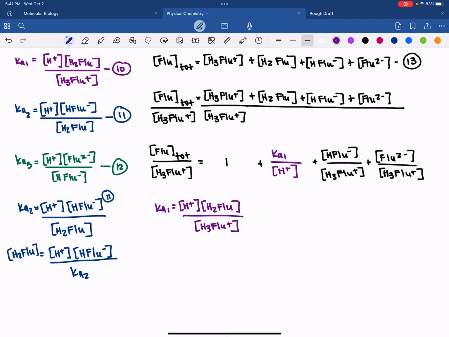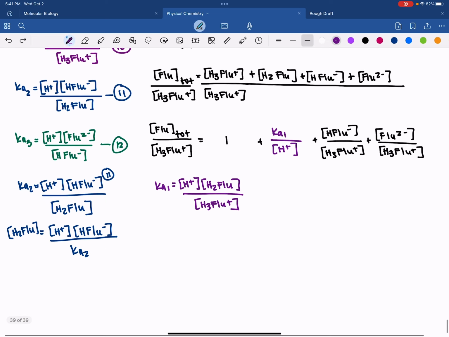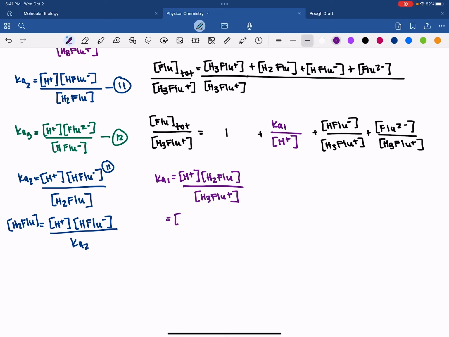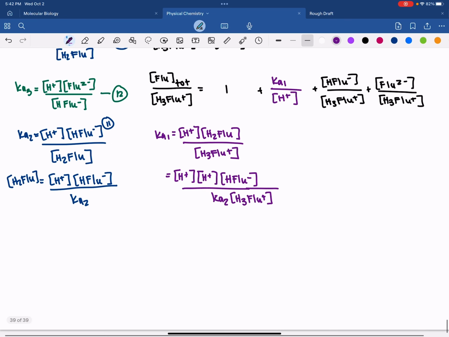Right? And we already solved for our H2 flu, and we can just now sub this whole thing into that equation. Okay? So I'm just going to do that real quickly. H plus times H plus times the concentration of H flu negative over Ka2 times the concentration of H3 flu plus from up there.